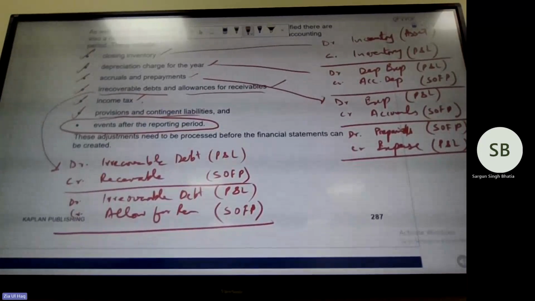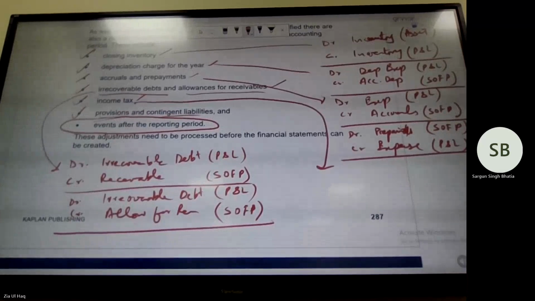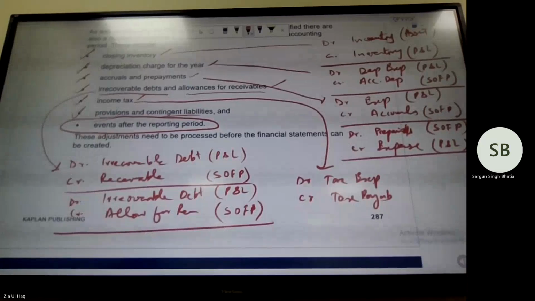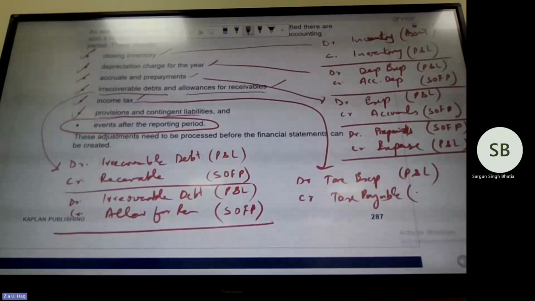And regarding income tax, for the current year tax we record the entry: debit tax expense, credit tax payable. So the expense will go into the profit and loss account, and tax payable, a liability, will go into the statement of financial position.